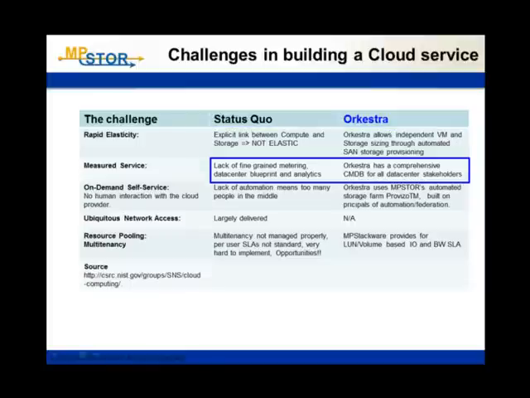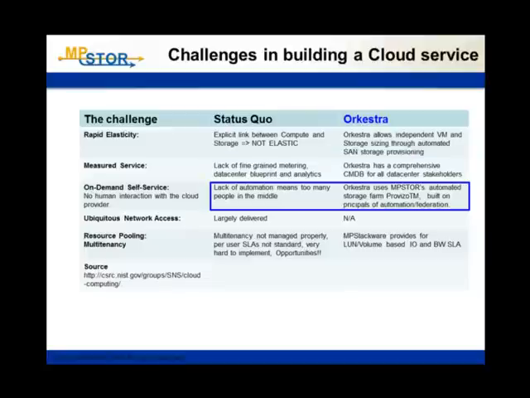In terms of measured service, Orkestra has a fairly comprehensive common management database which collects all of the statistics for the data center, for all the data center stakeholders. For on-demand self-service, the lack of automation in many products has some pretty tough effects for the data center, but Orkestra uses an automated storage farm called ProVizo.